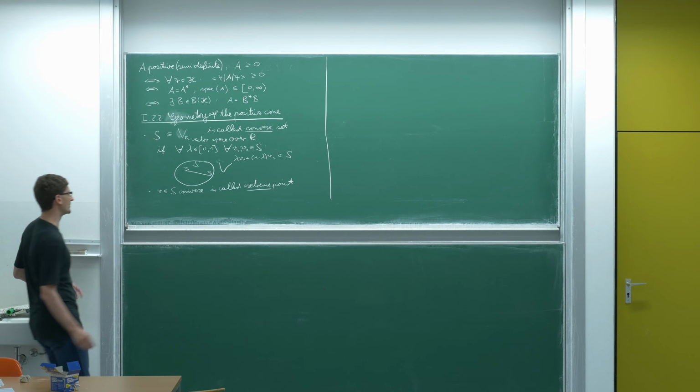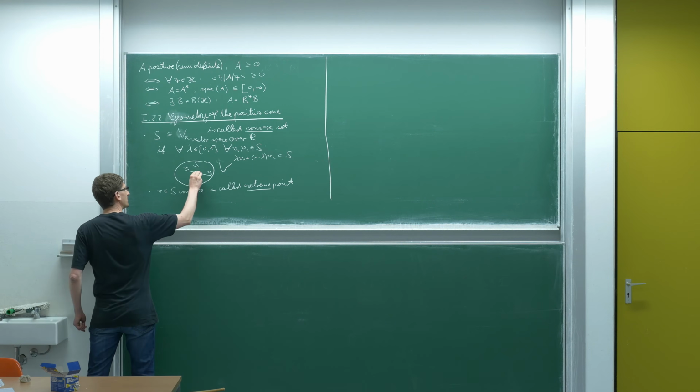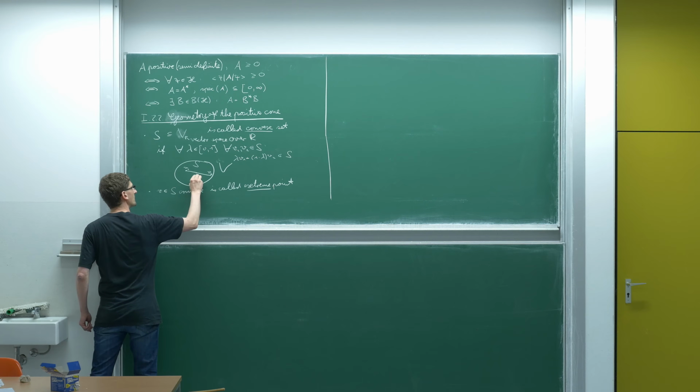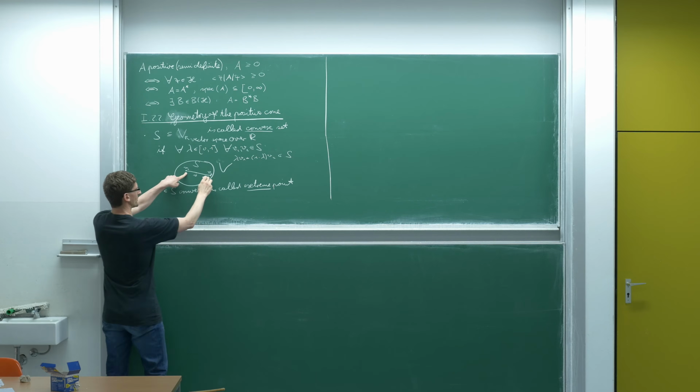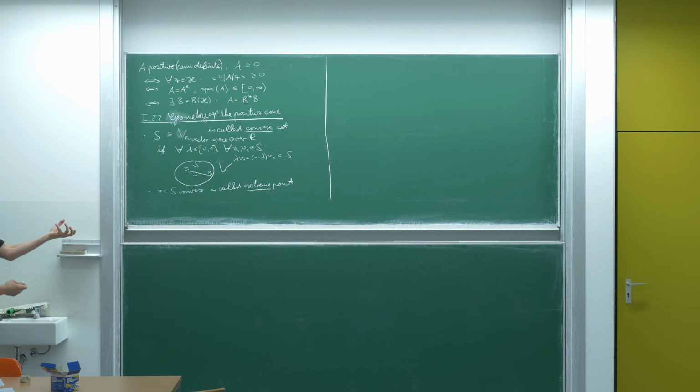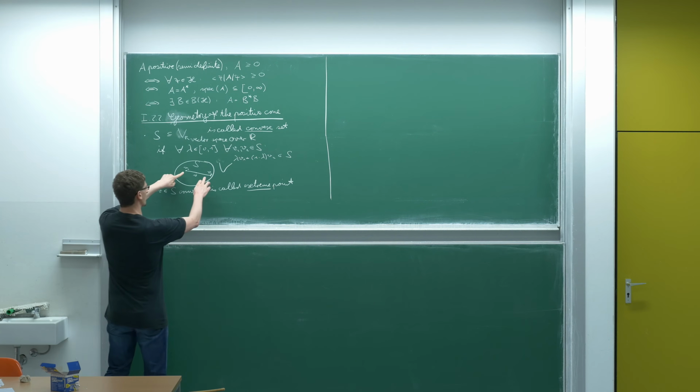if the following property holds: if you want to write this point V as a true average of two other points, then the two other points have to agree.